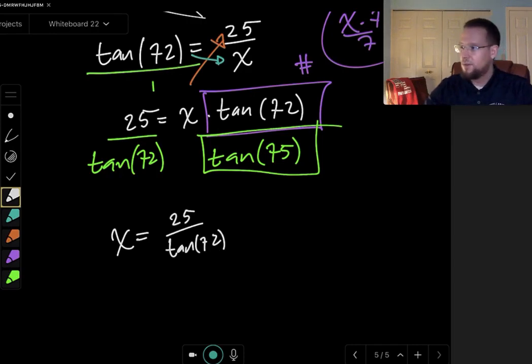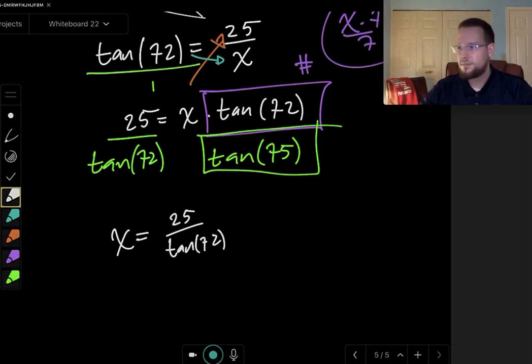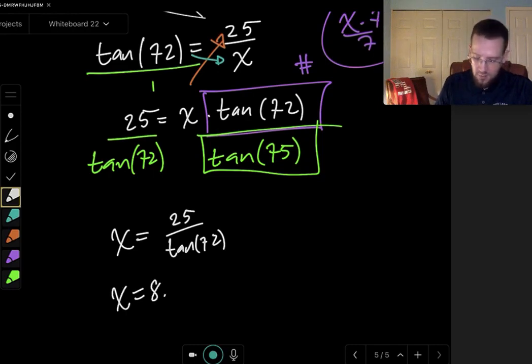And so I'm just going to go to my calculator over here. 25 divided by, I'm going to wrap this in parens, the tangent of 72. Close, enter. 8.12. Yep. And so we have x is equal to 8.12.